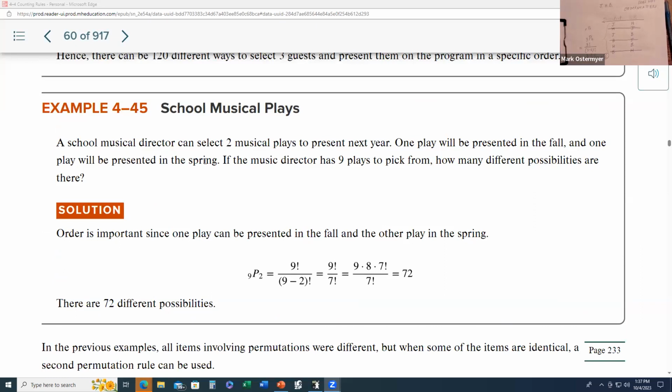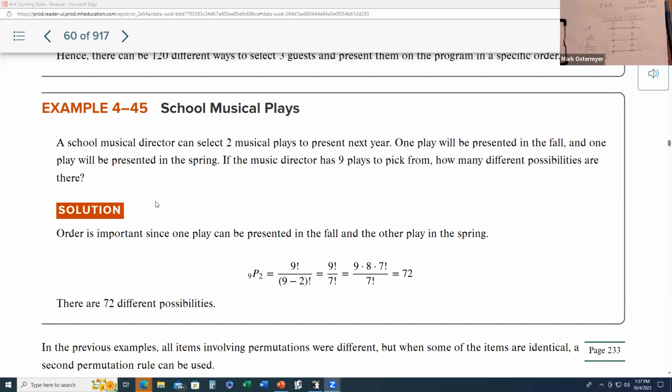A school musical director can select 2 musical plays to present next year. One play will be presented in the fall and one play will be presented in the spring. If the music director has 9 plays to pick from, how many different possibilities are there? Well, do you think order is important here? It probably is important here because we're going to choose a play to perform in the fall and then a second play to perform in the spring.